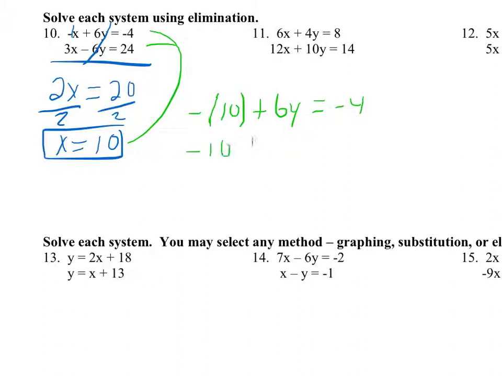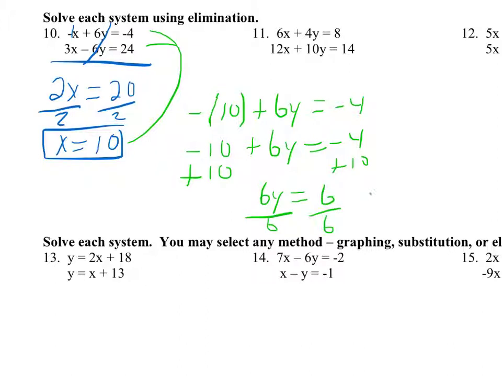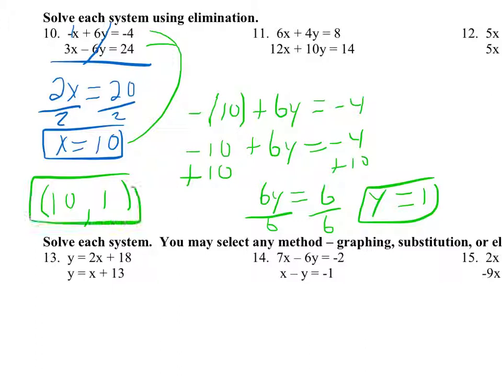So we have -10 plus 6y equals -4. I add 10 to move it to the other side, and we get 6. Divide by 6 to finish, and y equals 1. So again, we're looking for a coordinate. So x is 10 and y is 1, and that is our solution.